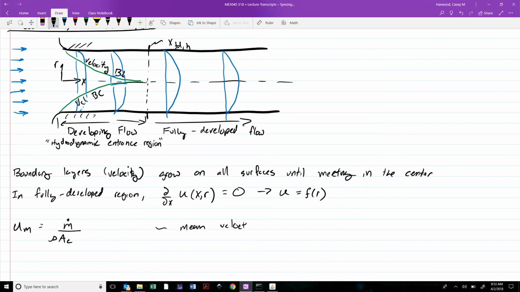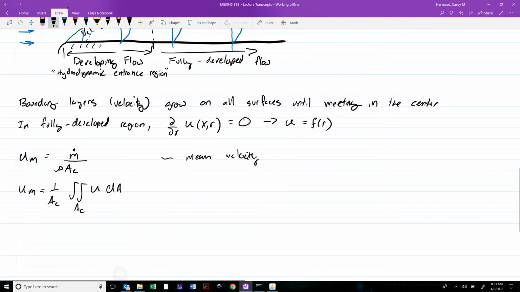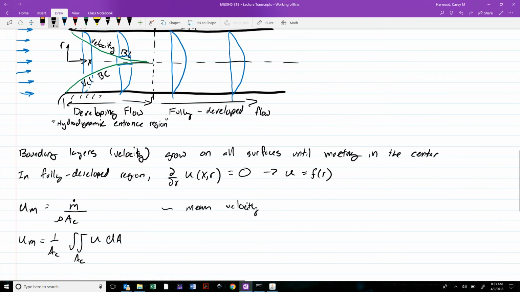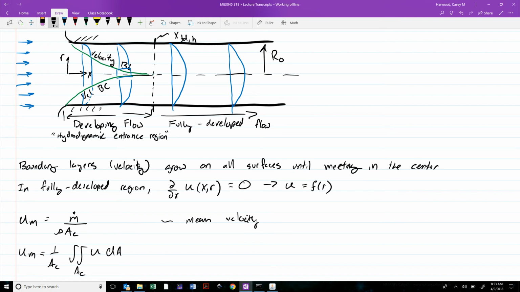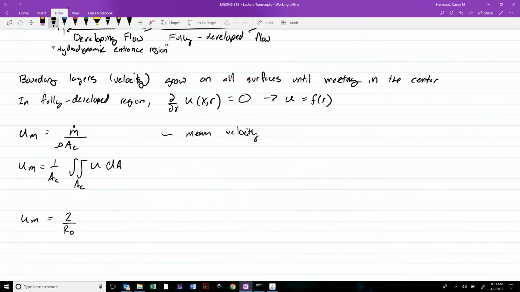The way we'd actually calculate this is 1 over cross-sectional area, integral over the cross-sectional area of u dA, which for a circular tube works out to 2 over r naught squared times the integral from 0 to r naught of u of r dr. Here I should specify that r naught is the radius of the tube and D is the diameter of the tube.